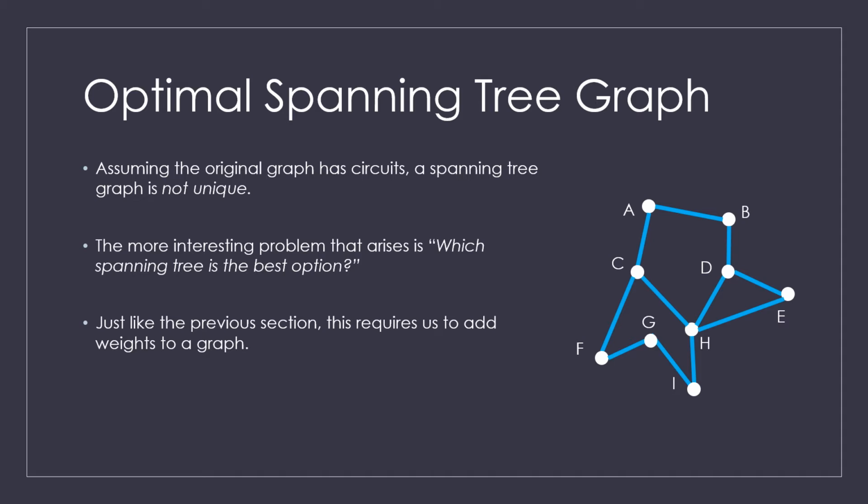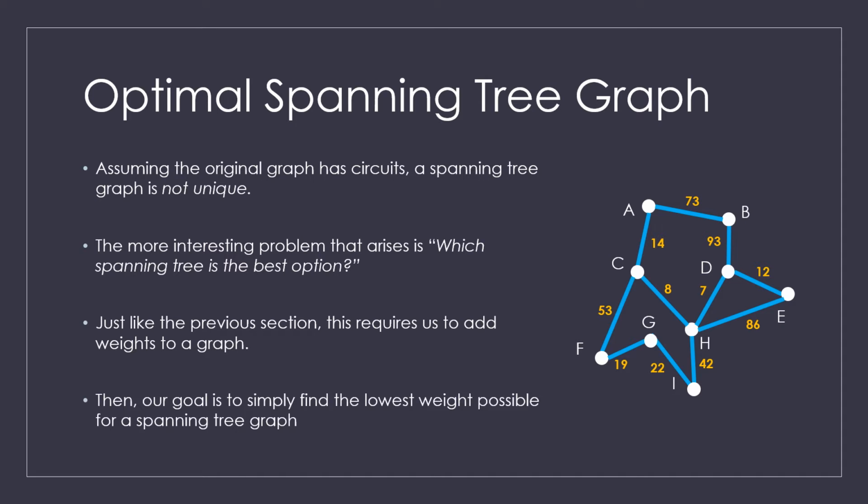So to do that, we're going to add weights, just like from before. I've added some weights, and in graph theory, once again, the lowest weight is usually the best. Our goal is to find the lowest weight possible for a spanning tree graph. So find a spanning tree, find its weight by adding up all its values, and then find out if it's the best by comparing it to all the other spanning trees.